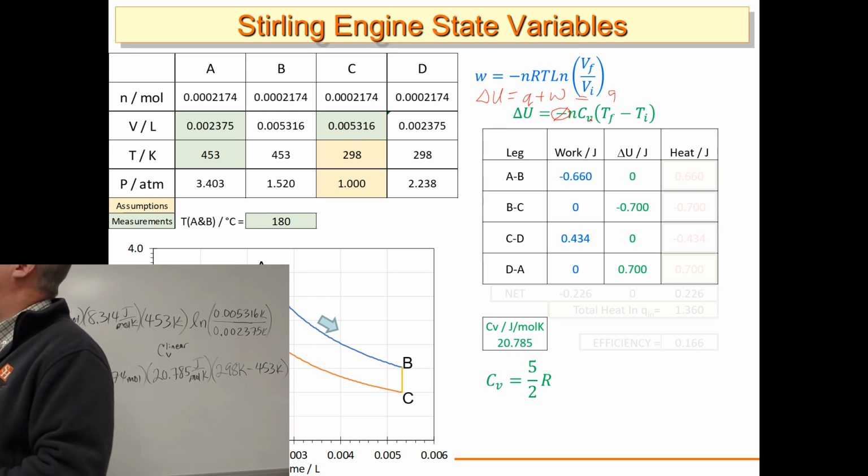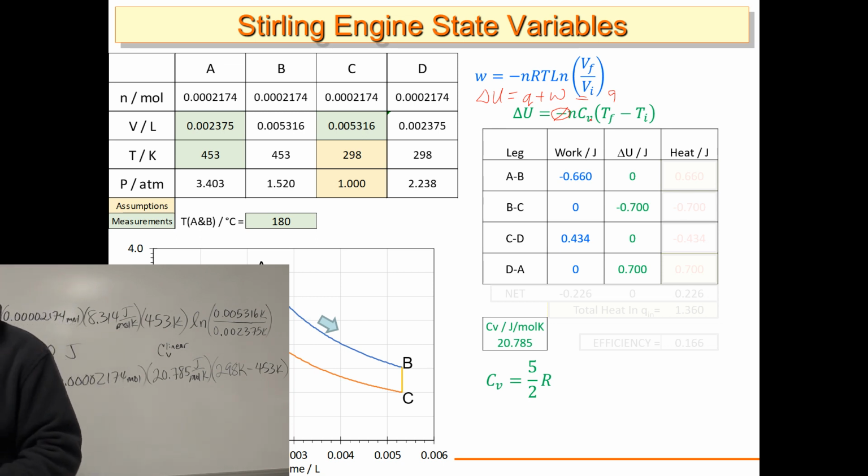Now, let's go ahead and calculate the heat. This equation up here, delta U is Q plus W. We could solve for Q, which is delta U minus W. And so that's pretty easy to do. We just take the delta U column and subtract the work column.